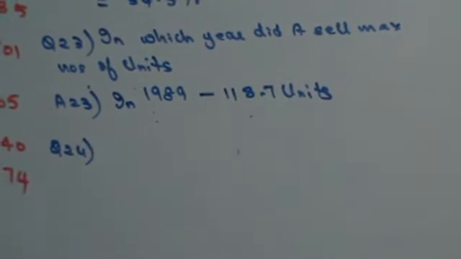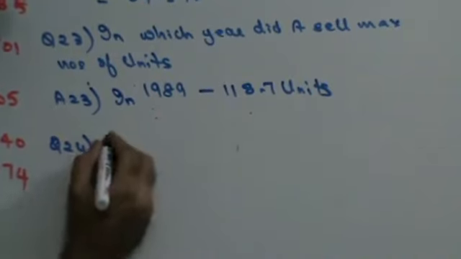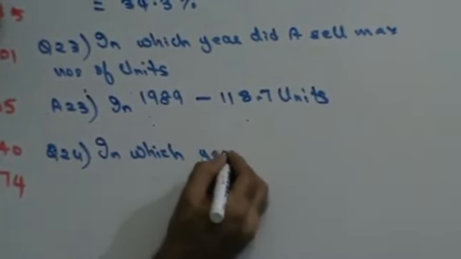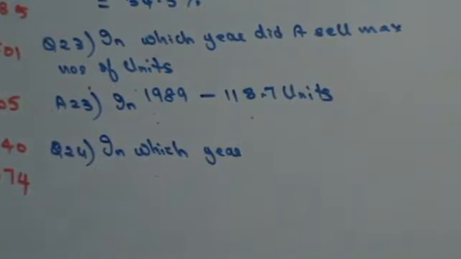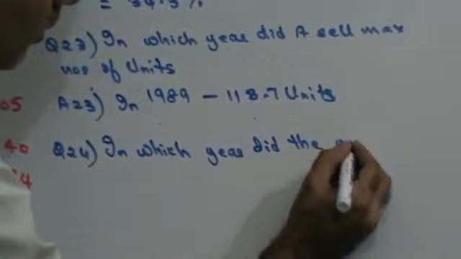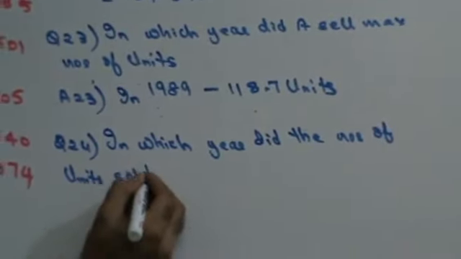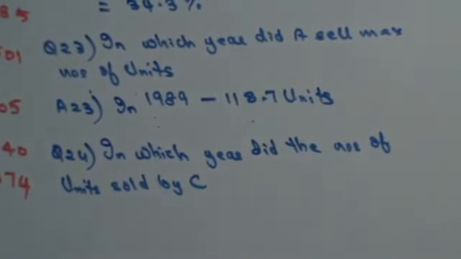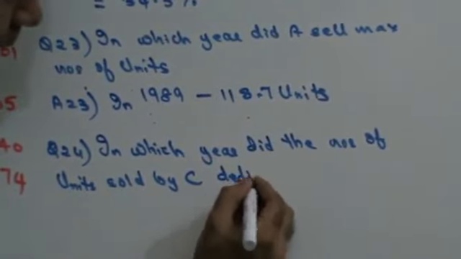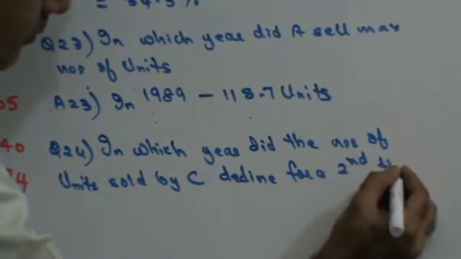Next, question 24. In which year did the number of units sold by C decline for a second time?